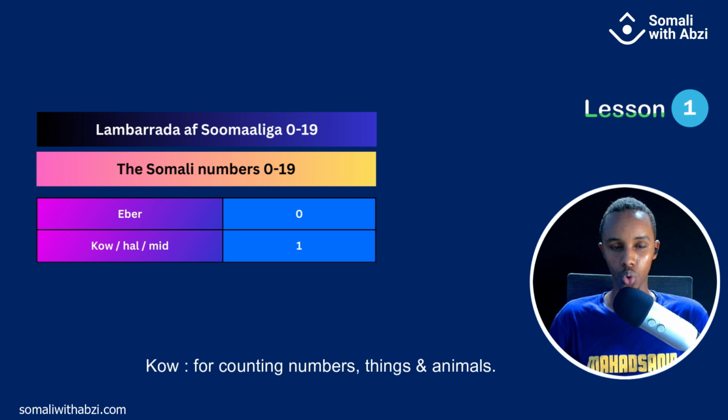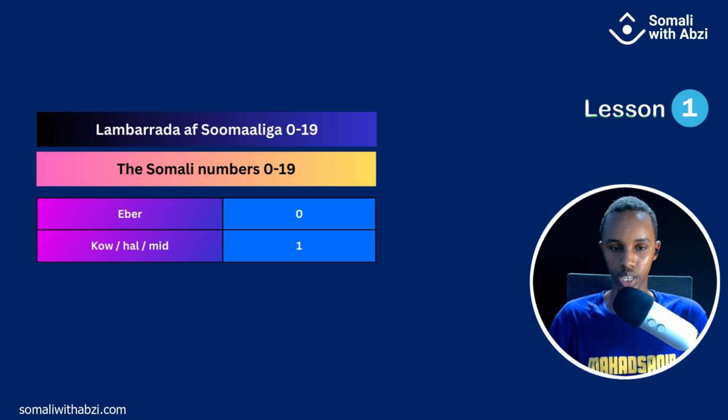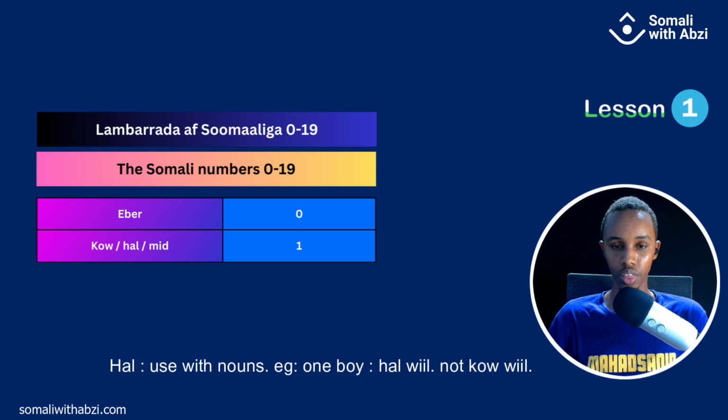Alright, kow we use for counting, when you're counting money, things, animals, etc. So you say kow, labo, sedax, afar, shan, lix. That's for counting. If you're counting something, use kow. All right? What does hal mean in Somali? Hal also means number one in Somali, and we use that one when we're using it with nouns, right?